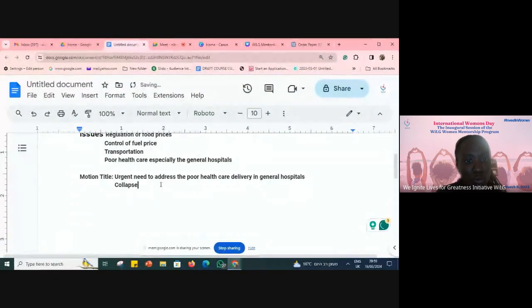We can use: Collapse of general hospitals in Nigeria and an urgent need to revamp healthcare delivery in Nigeria.